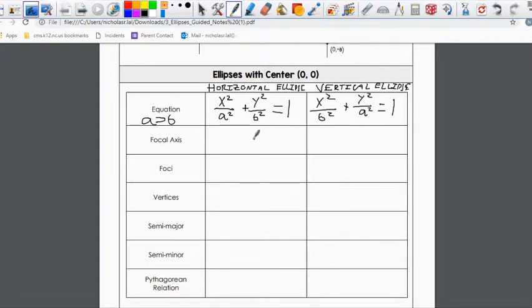For the first, the focal axis is the x-axis, and here the focal axis is the y-axis.